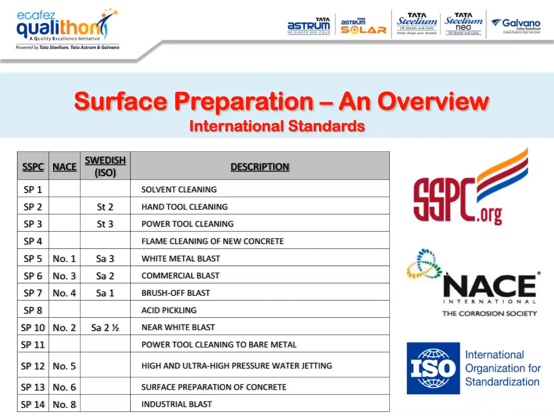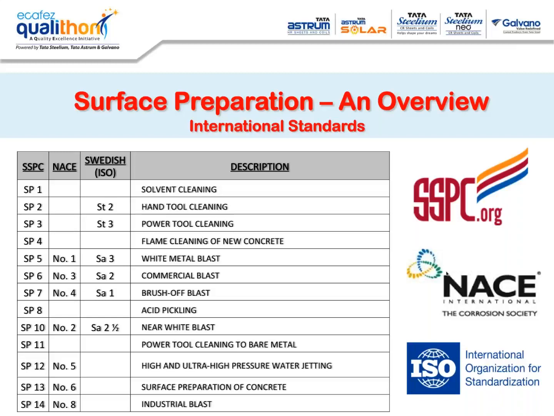This is European. Now ISO has adopted a lot of standards which earlier we used to call Swedish standards. So on your left you have a chart showing the comparative equivalence of SSPC as well as NACE as well as Swedish standards. Normally for blasting we are having one specification, we call it SA2.5.